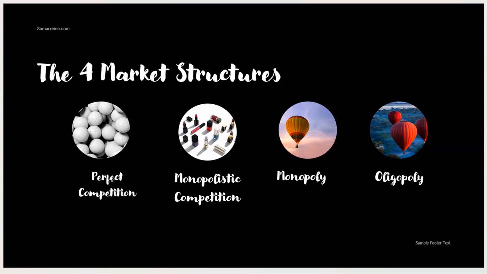Think crude oil. Monopolistic competition is called monopolistic because it can be monopolized, which means the products are a little similar. For instance, I have this image here for you of makeup. If you buy lipstick, deodorant, or perfume, are they exactly the same? Of course not.